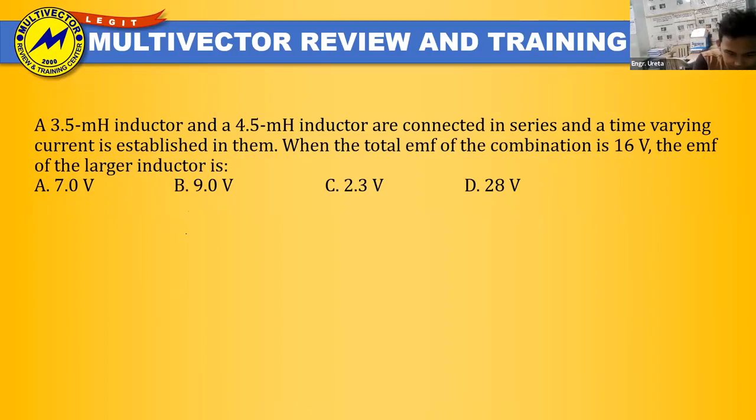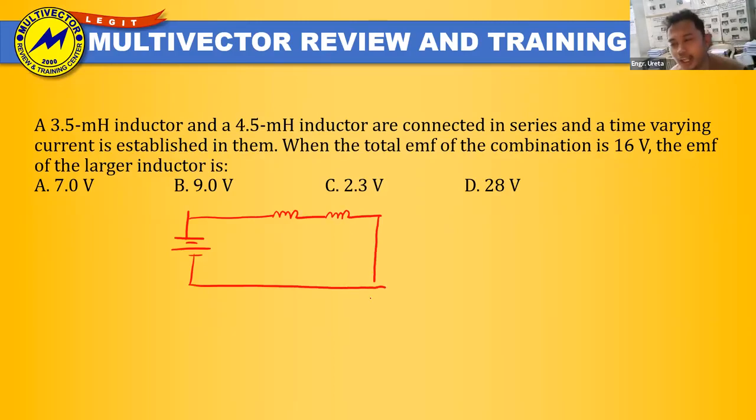So here we have a source and inductors. Since it said a time varying current is established, we can assume this is AC, because our voltage is changing.